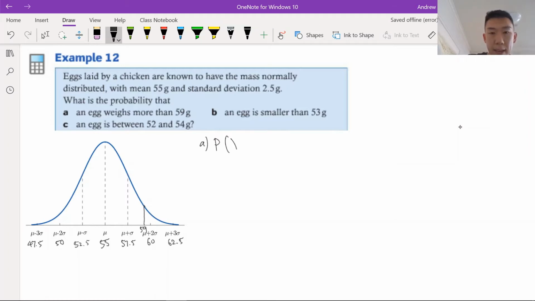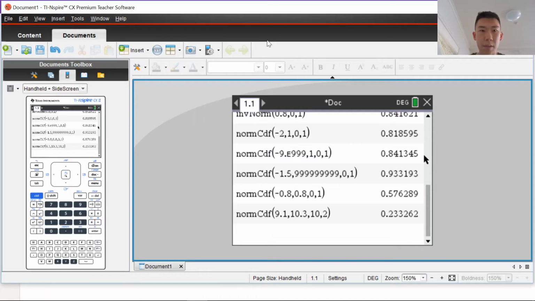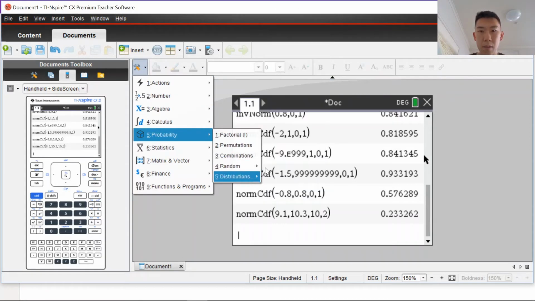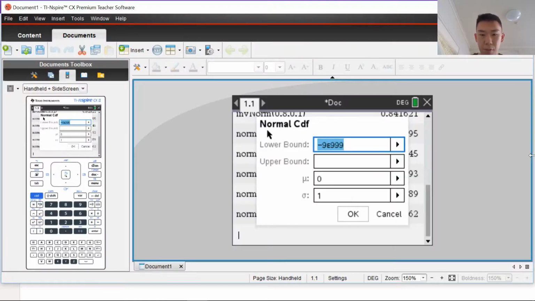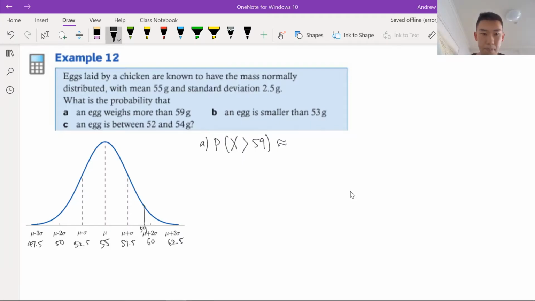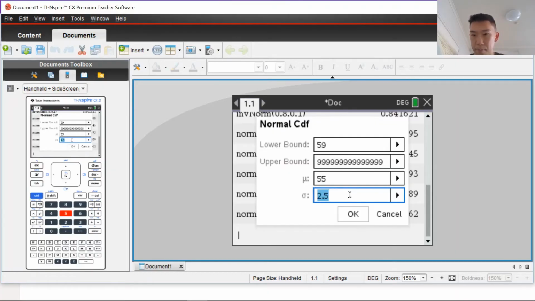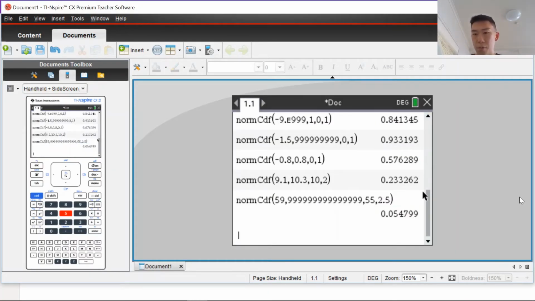So the probability that X, because this isn't standardized, it's a random variable, X is greater than 59 is, normal CDF, lower bound 59, upper bound some massive large number, because we want everything to the right of 59, or that area. Mean was 55, standard deviation was 2.5. Okay, 0.0548.